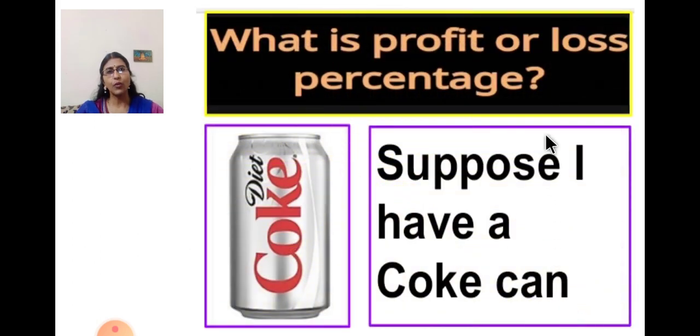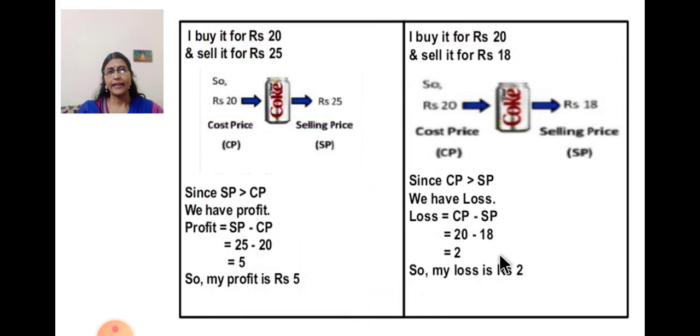Now next is, what is profit or loss percentage? So let us understand this. Suppose I have a Coke can. And now here you see I buy it for rupees 20. Suppose I go to the shop and the cost price of the Coke is 20 rupees and I sell it for rupees 25.